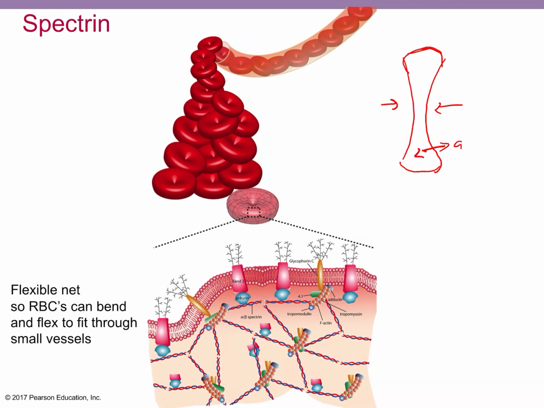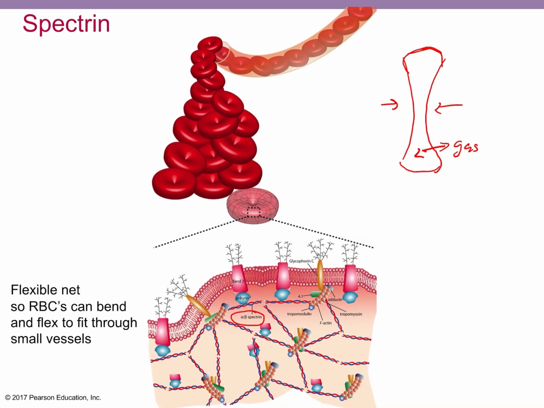And that shape actually gives it a larger surface area so that gases can diffuse in and out more easily. What holds its shape is a very flexible protein called spectrin. And you can see in our little picture here, our spectrin is the red and blue lined up, or the red and blue tangled little proteins. And so there's a scaffolding of spectrin.